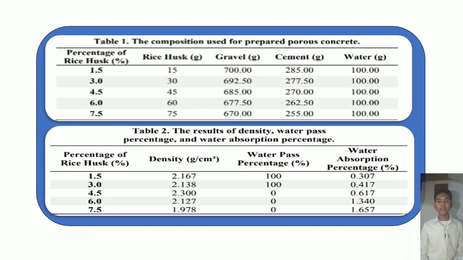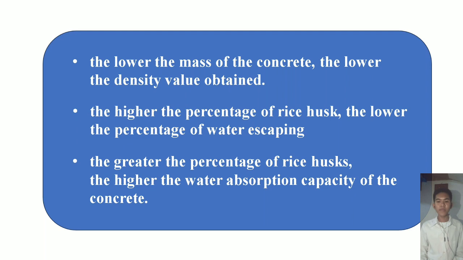The result obtained was decreased density along with the addition of rice husk composition and reduction of coarse aggregate mass. This reduction in coarse aggregate is proportional to the decrease in the concrete mass, with a concrete mass of 890 grams.